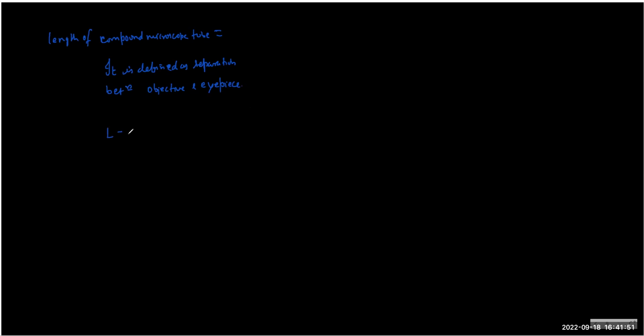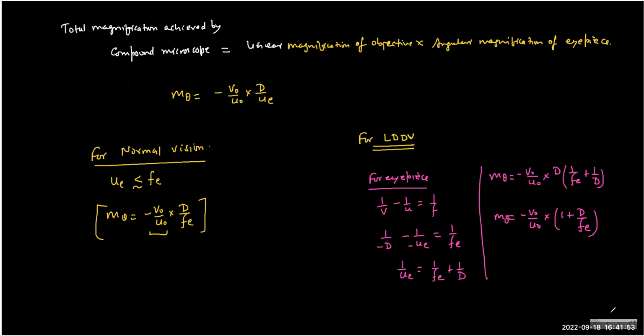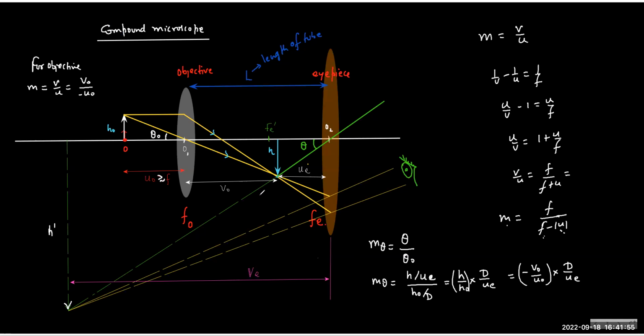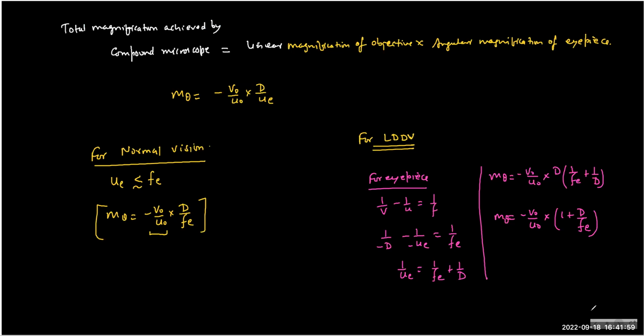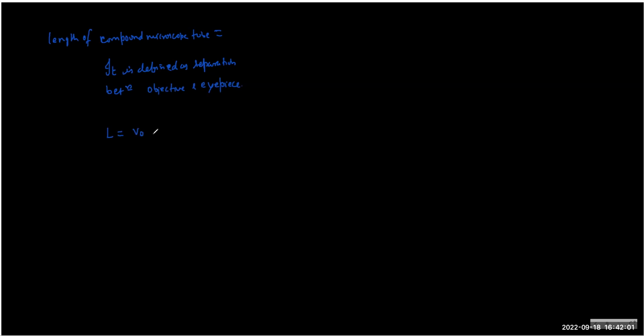So we can write L equals, if you look carefully, what is L? It is V naught plus UE, right? Yes, it is V naught plus UE. And for normal vision, we have already figured out that UE is FE. So L becomes V naught plus FE.